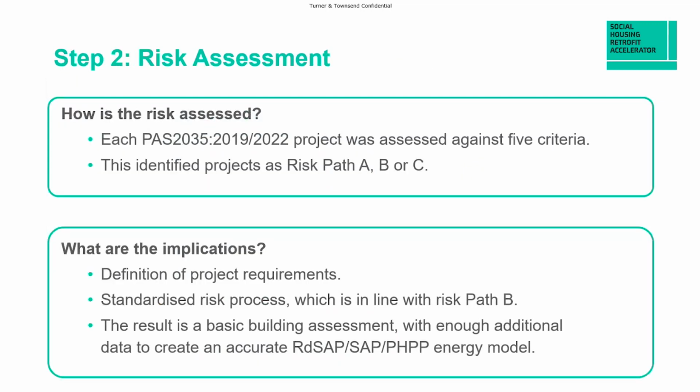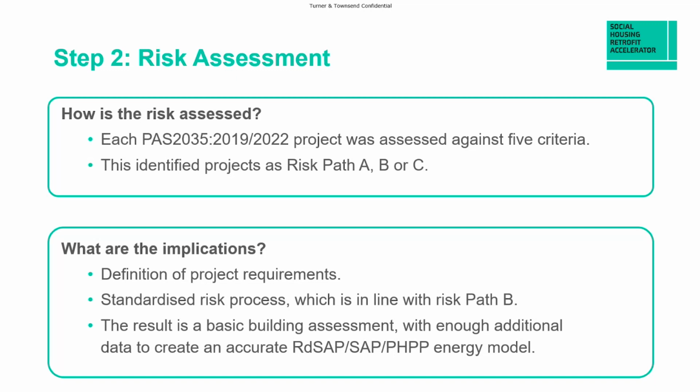Okay, the risk assessment stage. So there are 5 criteria that you want to consider when looking at dwelling assessments. That's the number of dwellings in the project, the number of measures per dwelling, the type of measures proposed, the combination of those measures, and then the construction and built form of the properties that you're looking at.